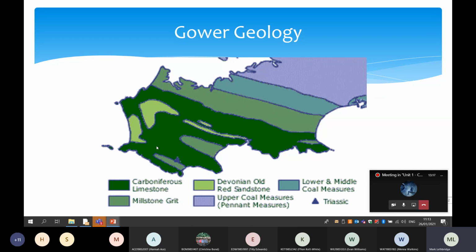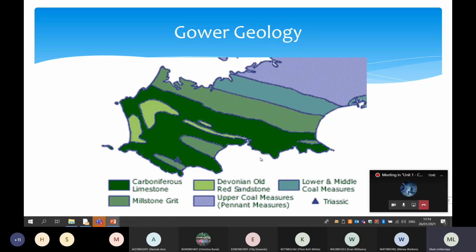In particular, this dark green color is Carboniferous limestone, which makes up the majority of the Gower, and also this little millstone grit, I don't really know what you would call that color, but it's a stretch down in there where we have Port Eynon Bay.